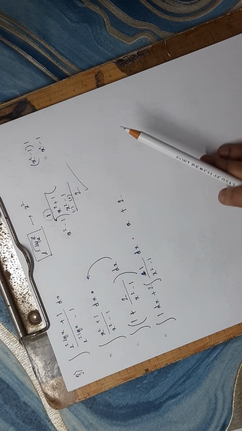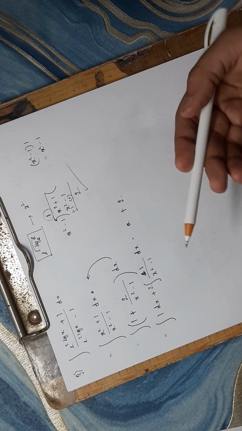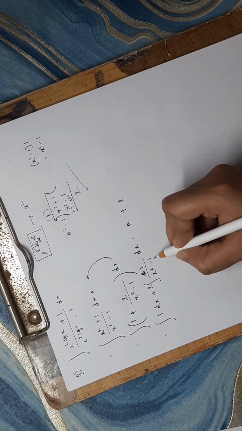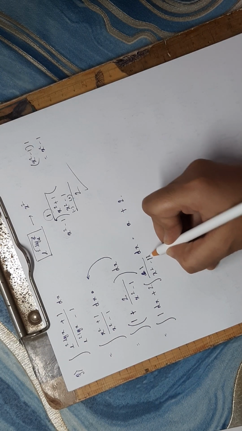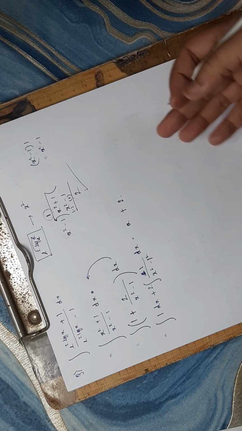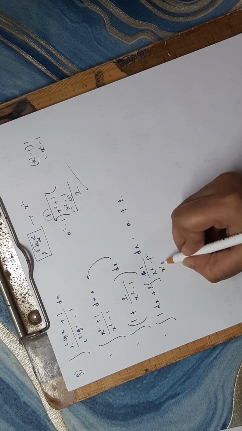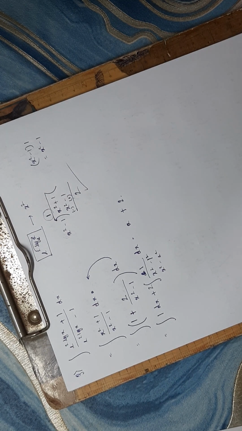Is that clear? So what is our a here? Our a is actually 1 here. I can write minus 1 as minus 1 square as well. So this actually comes under the form of 1 by x square minus a square.